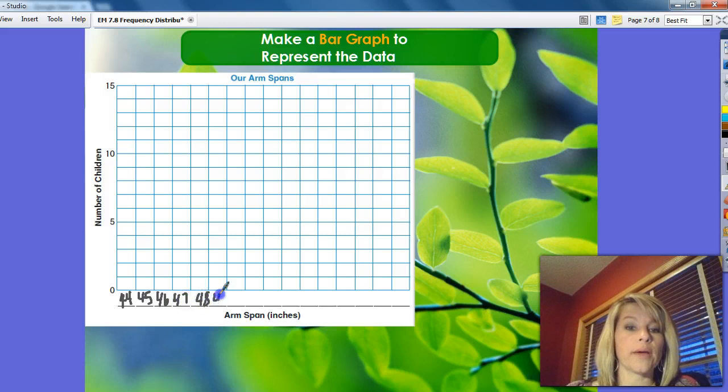Then I'm going to go back through my data and fill in each square for each arm span, for each post-it note that I had. And I can take this information off of the frequency table or from the line plot, as both of those show the same information.